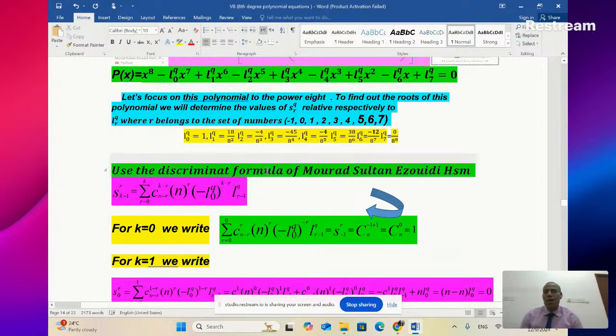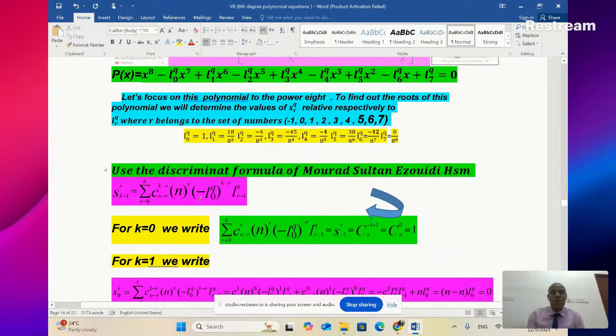Okay, now I'll use this decimal formula of mine, which is equal to S_{k-1} of order r equals the sum from 0 to k, combination n minus r plus k minus r, n raised to the power r times negative L0 for the cube raised to the power k minus r times L_{r-1} for the cube. So learners, you can see that if you use this formula, you will find the coefficient of your new 8th degree polynomial equation.